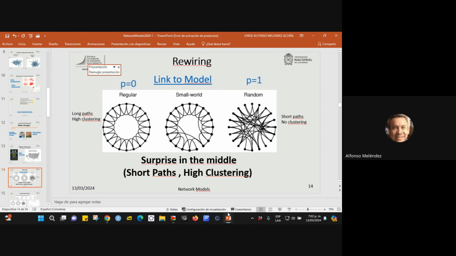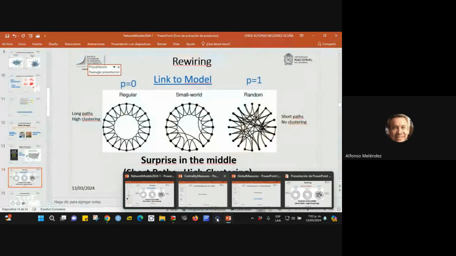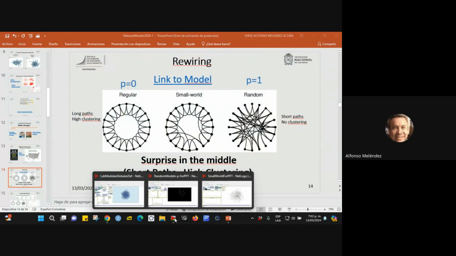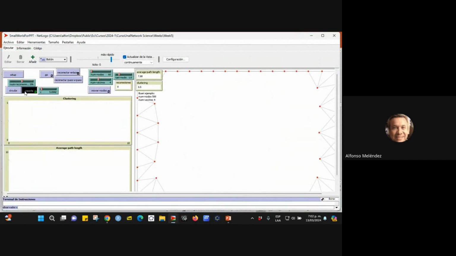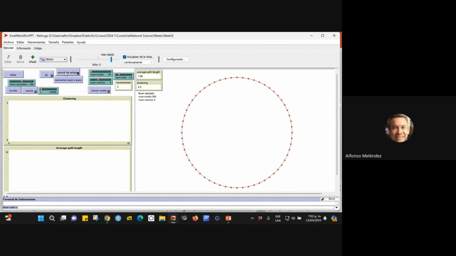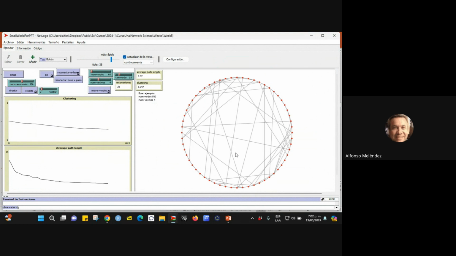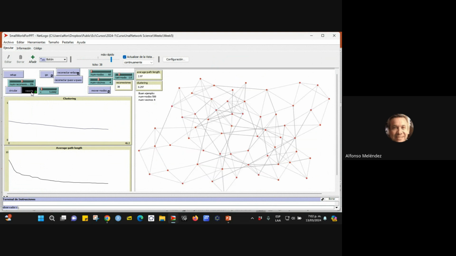How many edges do you have to put here? The adequate number. If you put a lot of edges, you convert this to random. And if you have very few edges, you get regular. So small world is in between, okay? Here, for example, if this, not much, this is a small world.